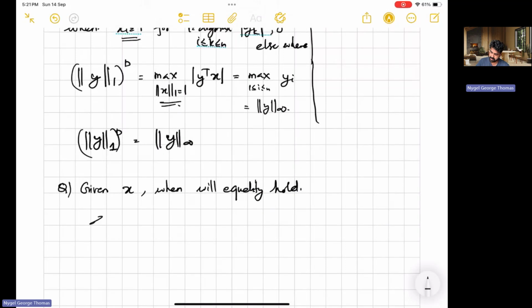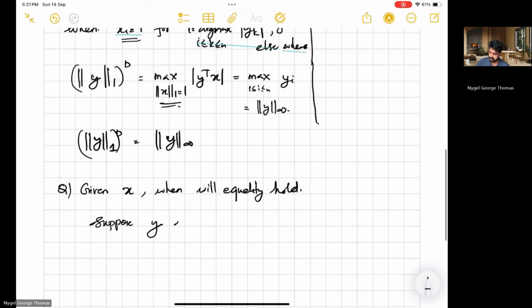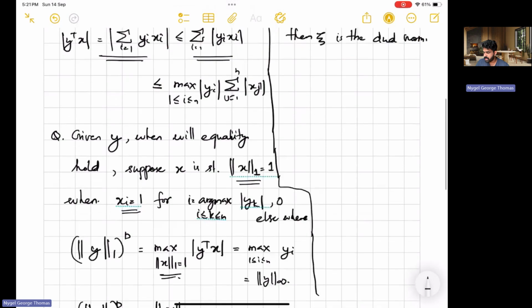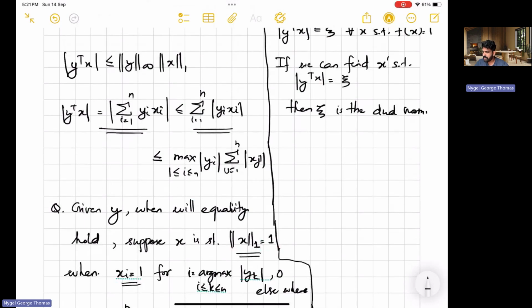And suppose y is such that the infinity norm of y is equal to 1. When will this hold? You again have to look back at this. xi is already given to us. We want this equality, so both have to be positive.